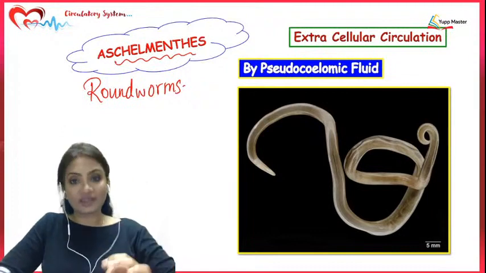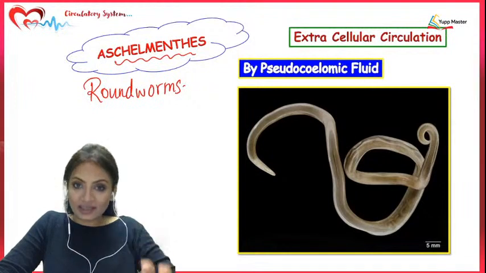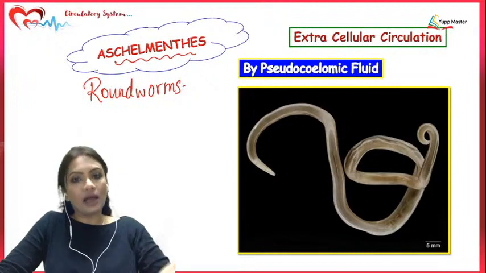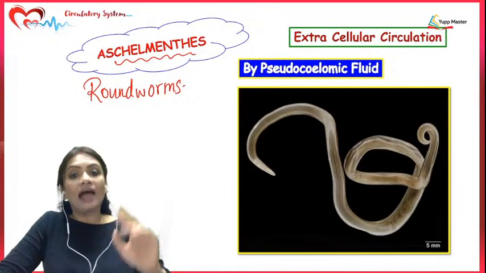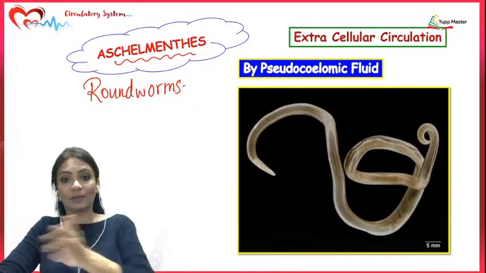Now, always remember, most of the time, whenever there is a coelom, that coelom will always be filled with fluid. So, these animals, the roundworms, also have a coelom, which is called the pseudocoelom, and that will be filled with a fluid, which we're going to call the pseudocoelomic fluid.